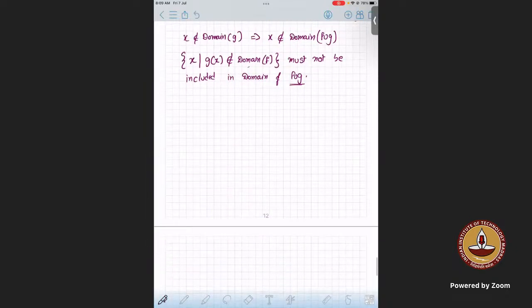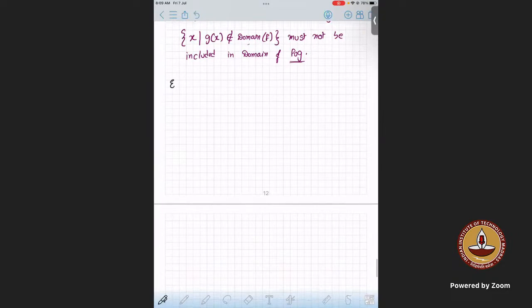Suppose we do an example now to make you understand. Let f of x be 3x square plus 8 and g of x equal to 10x plus 4.